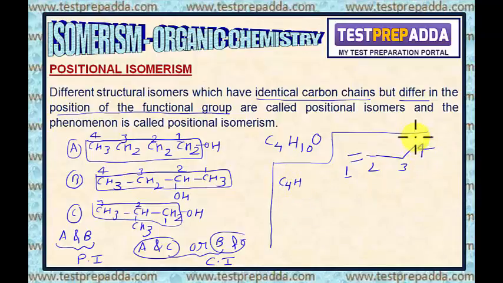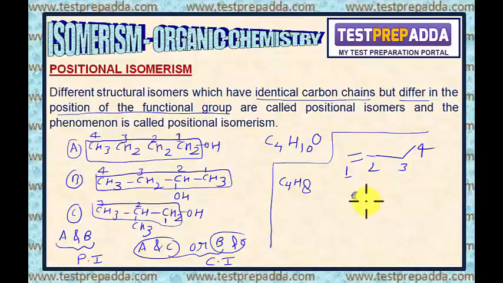Now 3 hydrogen atoms will be attached here, CH3 here, CH2, 3 to 5, and then 1 hydrogen here, 2 hydrogen here. So 3 to 5, 1, 6 to 8, C4H8.